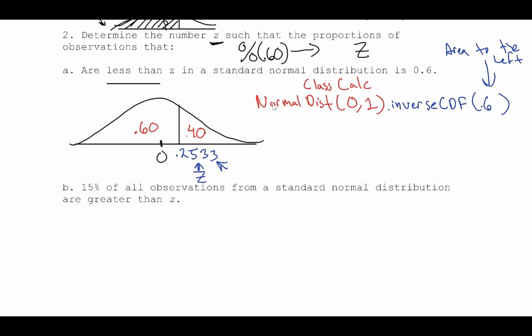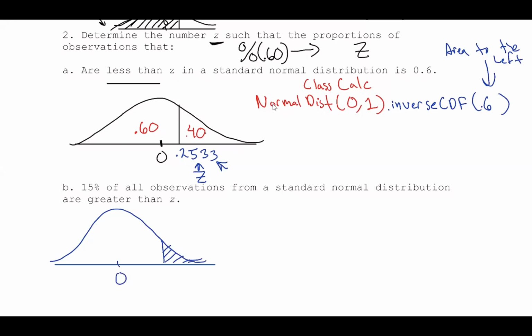So let's do B. If you look at B, it says 15% of all observations from a standard normal distribution are greater than Z. So for this one, we want it to be greater than Z, and greater than Z means that you have to shade the right-hand side. So if I shade the right-hand side, you shade this portion.